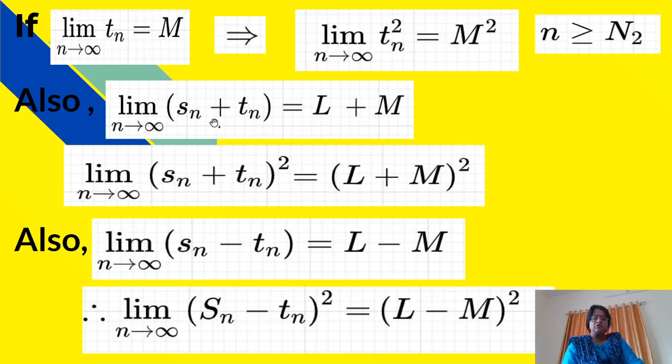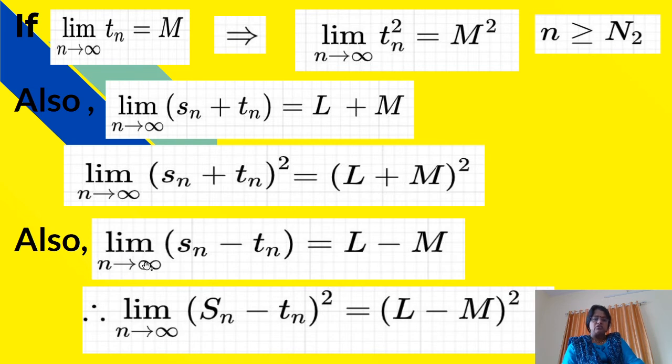Now, limit of Sn plus Tn as n tends to infinity is equal to L plus M. This result we have also proved in theorem 1. Now, from this statement we can write limit n tends to infinity of (Sn plus Tn) whole square is equal to (L plus M) whole square, using theorem number 4.